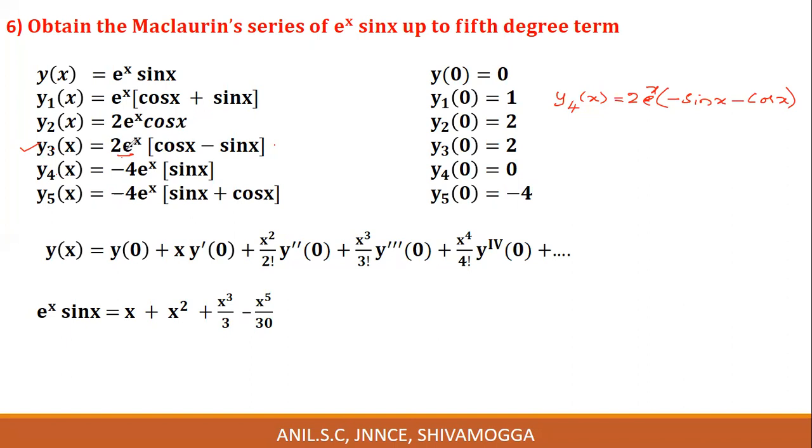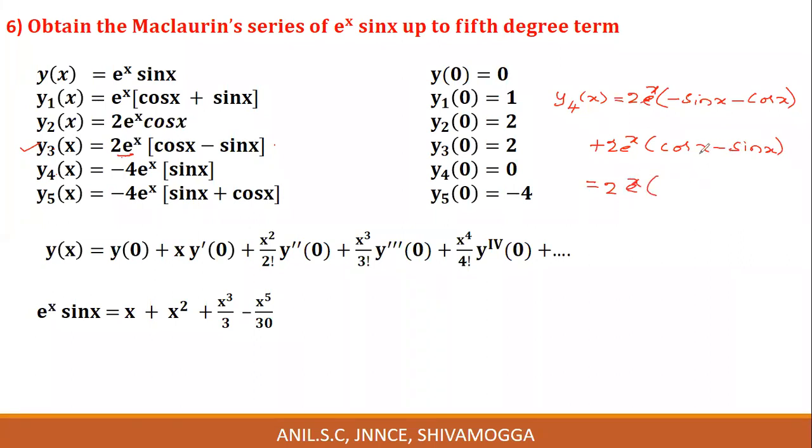First function 2e power x into derivative of cos x is minus sin x, minus derivative of sin x is cos x, plus derivative of 2 into e power x is 2 into e power x itself into cos x minus sin x as it is. This is equal to, here 2 into e power x is common in both the terms, keep it outside, 2 into e power x.